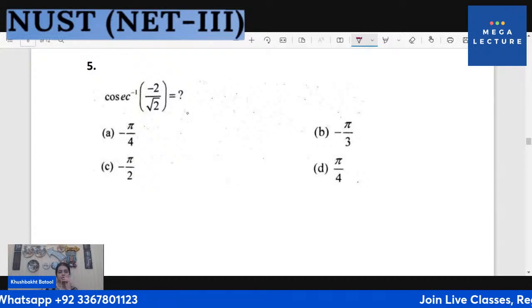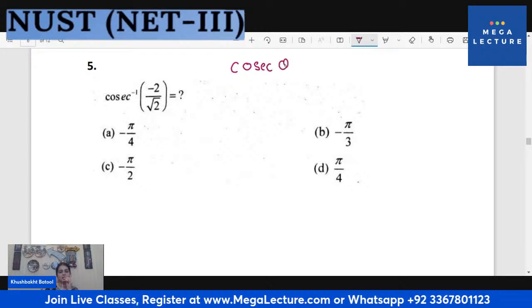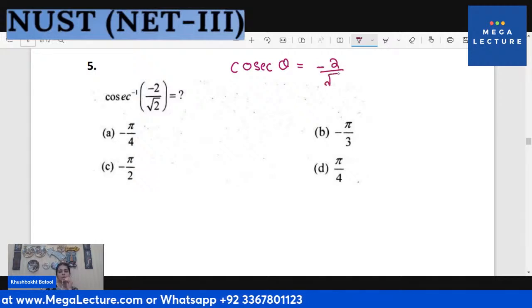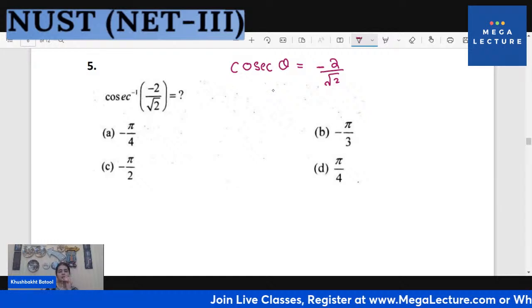So first of all, I can write it as cosecant of theta equals minus 2 by root 2. I am not sure about the value of cosecant theta. I don't know how to memorize this much stuff. I know that cosecant can be written as 1 by sine.